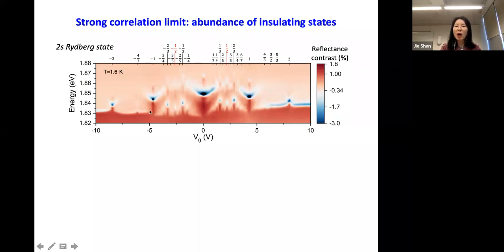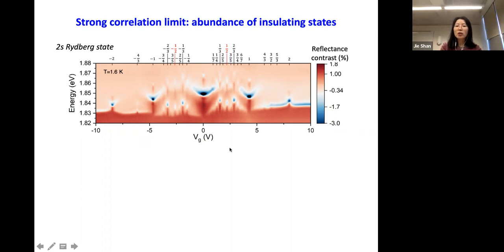But on top of this background, I have some strong absorption. That means the screening is weak at those blue spots, and those are insulating states. So when you see strong 2s absorption, that means the state in the sample is insulating.